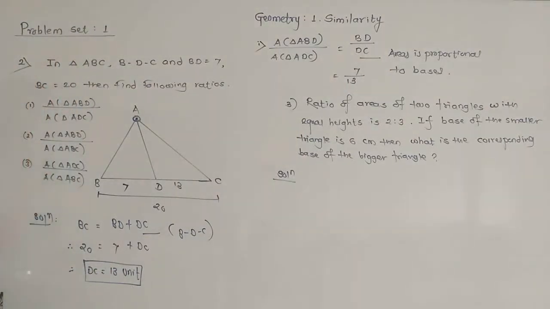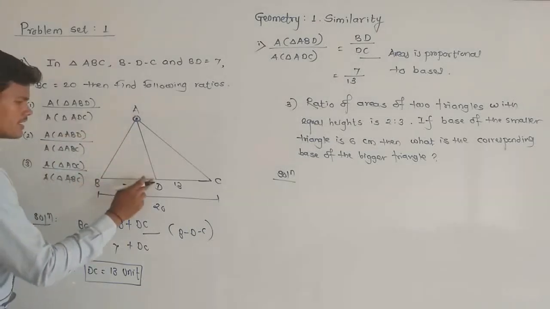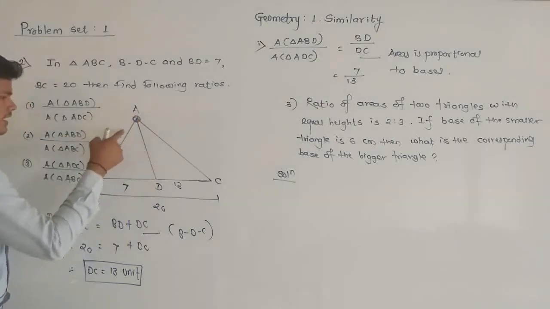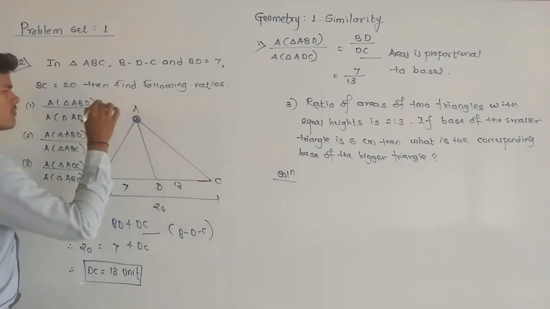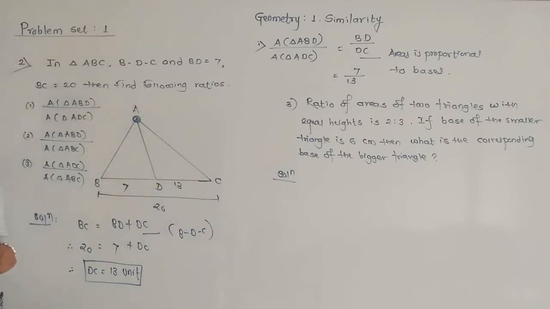Now second ratio is area of triangle ABD to area of triangle ABC. Here also for both the triangles, for triangle ABD and for triangle ABC, A is the common vertex. And if two triangles share one common vertex, then their area is proportional to their bases.